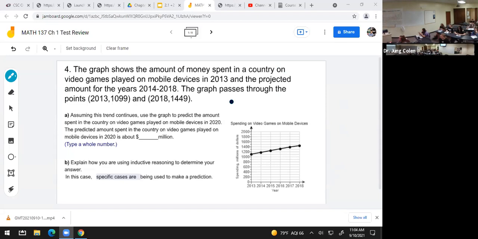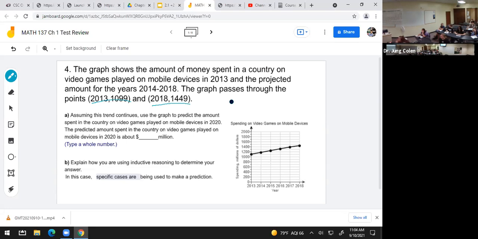The graphic shows the amount of money spent in a country on video games played on mobile devices in 2013 and the projected amount for the years 2014 through 2018. The graph here passes through the points 2013 and 2018. Two points are given to you, right? So we're going to use these to find this graph.